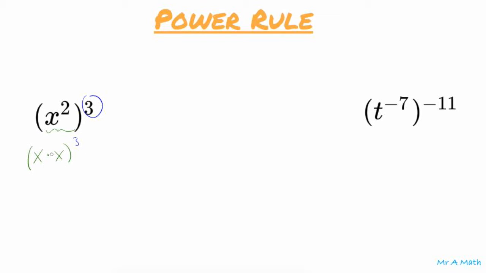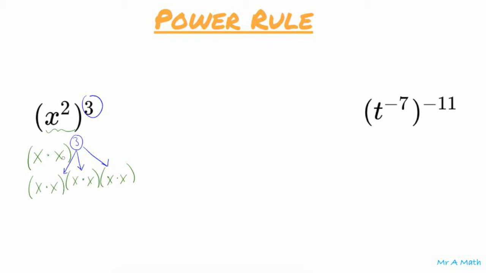So if I have x to the second power to the third power, that means I'm just going to do x times x, times itself, times itself again. And the number of times that I multiply it by itself is the exponent that I have. So x to the third is just x times x times x.